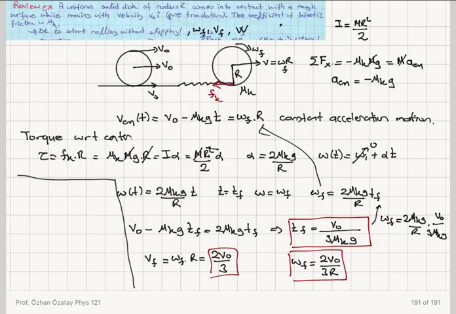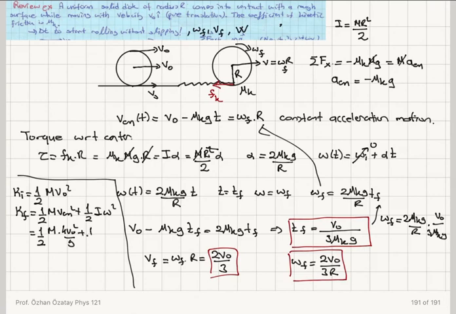And what will be the work done by friction during this process? Okay, so let's do that here. Initial kinetic energy was 1 over 2 m v0 squared. Final kinetic energy is 1 over 2 m V center of mass squared plus 1 over 2 I omega squared.